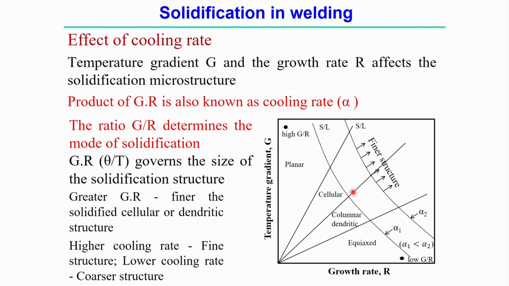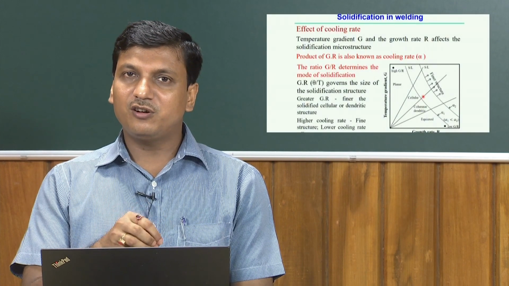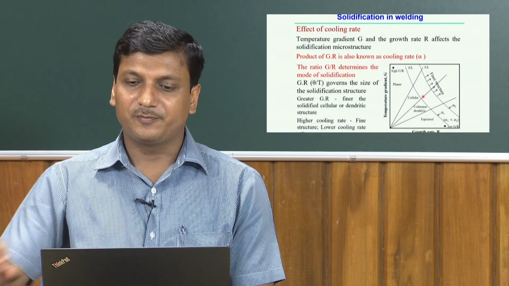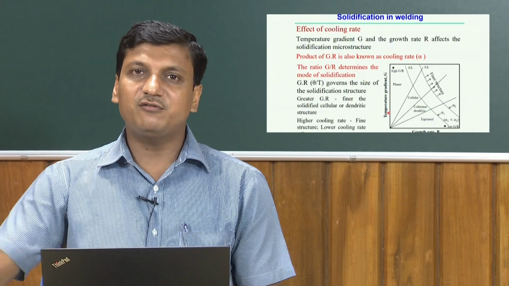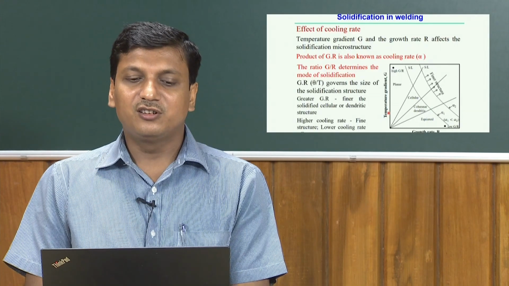If the cooling rate is very high, the overall microstructure is very fine. If the cooling rate is low, the overall microstructure is coarse. So, basically, with a higher cooling rate we can expect a fine structure, and with a lower cooling rate we can expect a coarse structure.